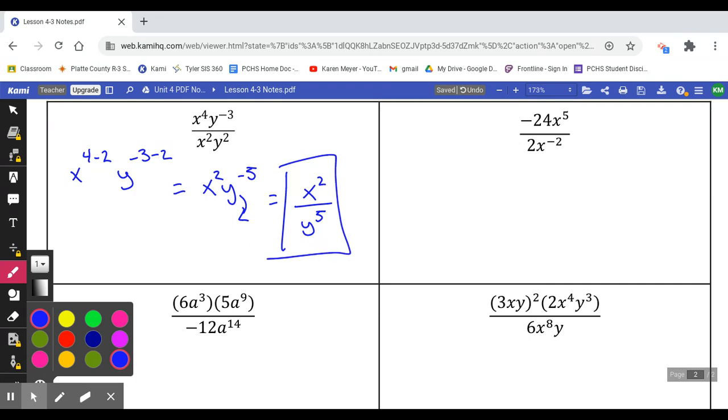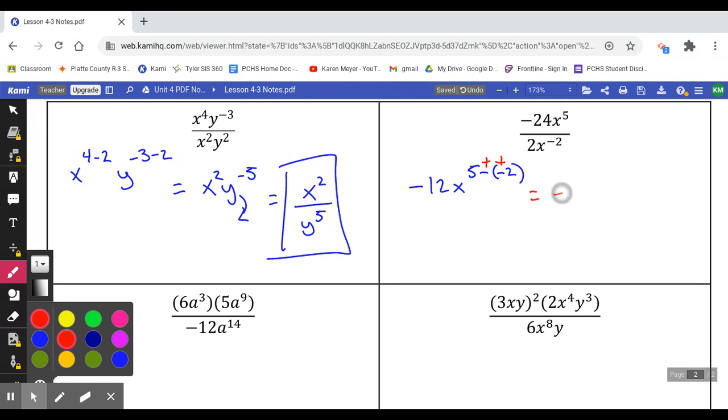Next one. Negative 24 divided by 2 is negative 12. If you're dividing, you subtract your exponents. So 5 minus a negative 2. Minus a negative is going to switch to a positive.